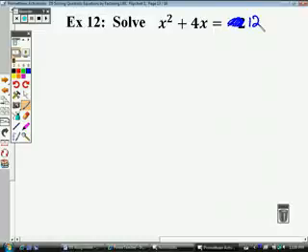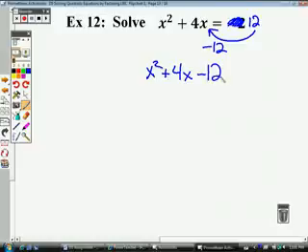Subtract 12, that's right. So I'm going to take this 12 and I'm going to move it over here, and I'm going to change the sign on it from a positive 12 to a negative 12. Now don't put it with the 4 because those aren't like terms. It's going to look like this. X squared plus 4x minus 12 equals 0.